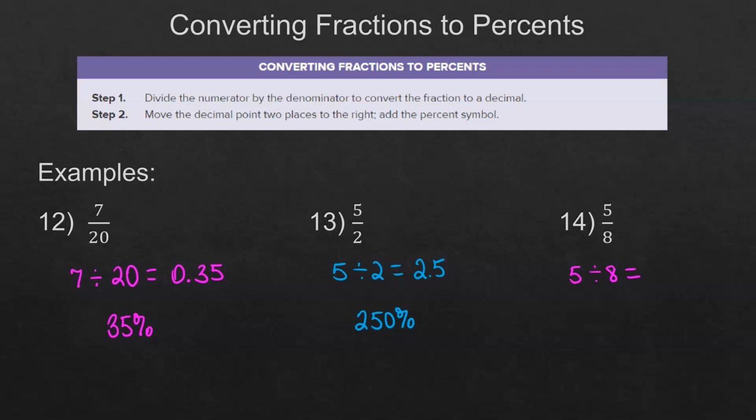So 5 divided by 8 is 0.625. And then as a percent, we're going to move the decimal 2 places to the right. Remember, that's the same as multiplying that by 100. So that would be 62.5%.